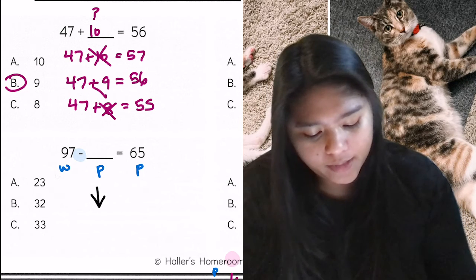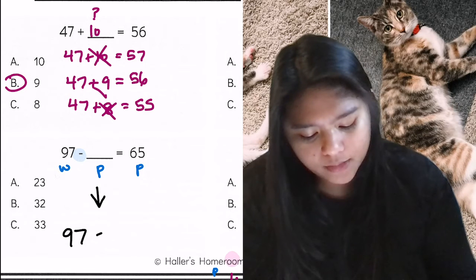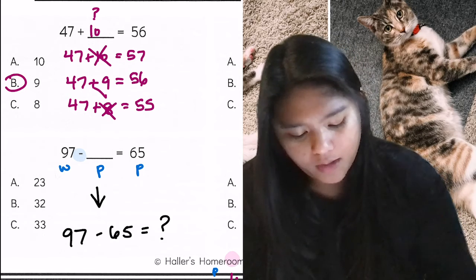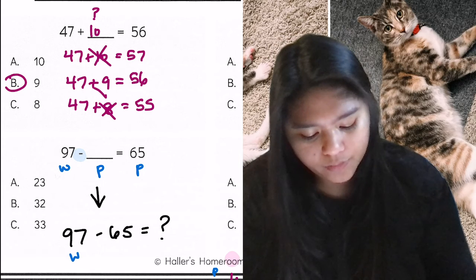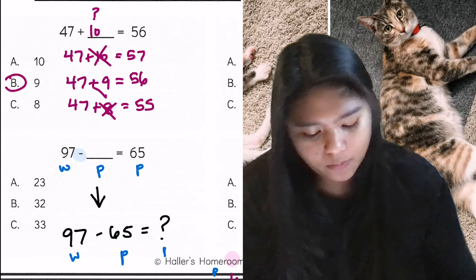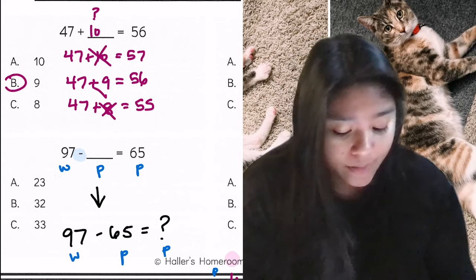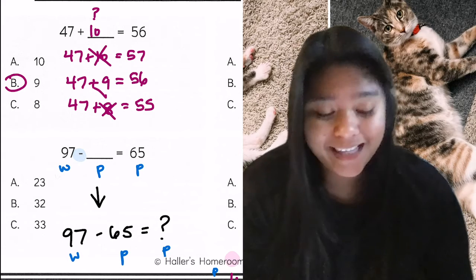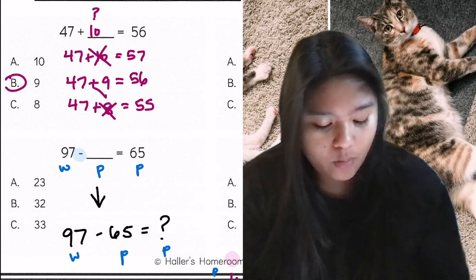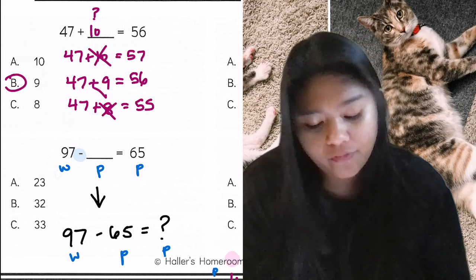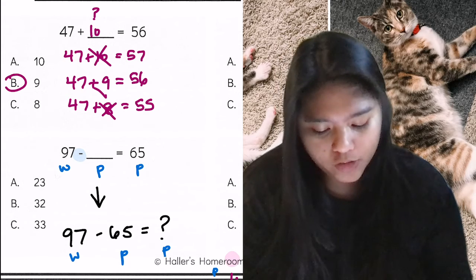I will get 97 minus 65 equals question mark. And it's still my whole, this is still my part, and this is still my part. These are the same wholes, these are the same parts. But I flipped my parts to make it easier. Okay, so now we could totally solve 97 minus 65 equals question mark.